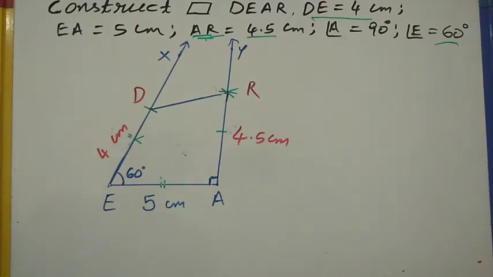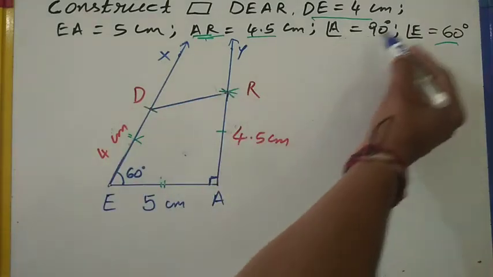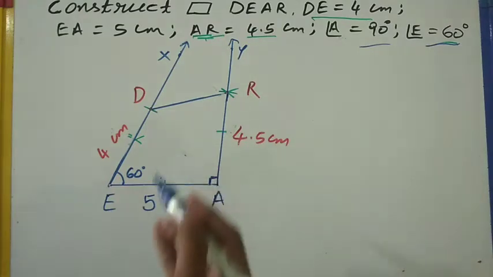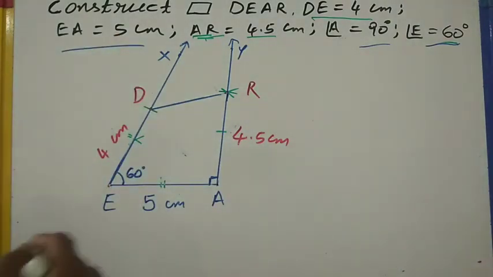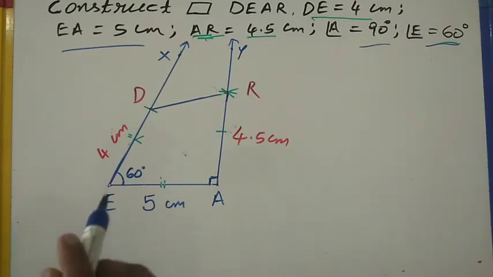It is just because I know the angle A and E. If I know the angle A and E, then I had better choose the side EA, so that I can construct rays making an angle of the respective. Okay. So, draw a line segment AE of 5 centimeter as base, first step.